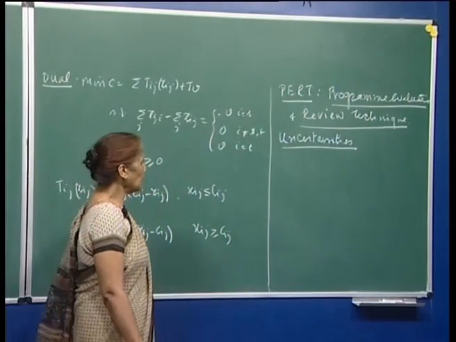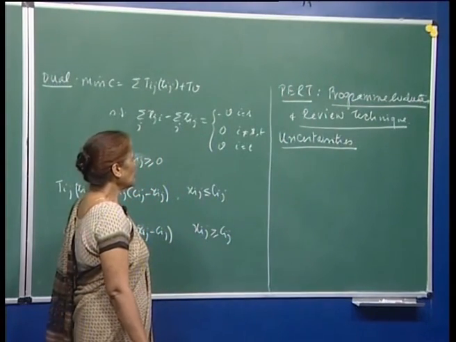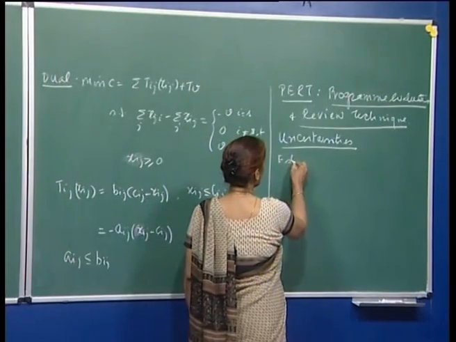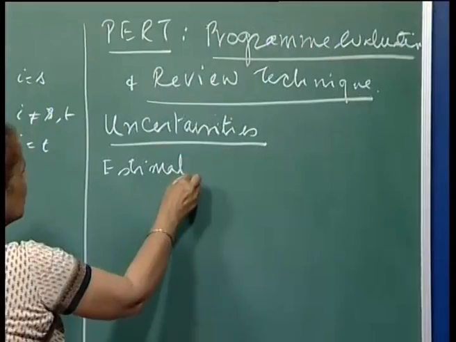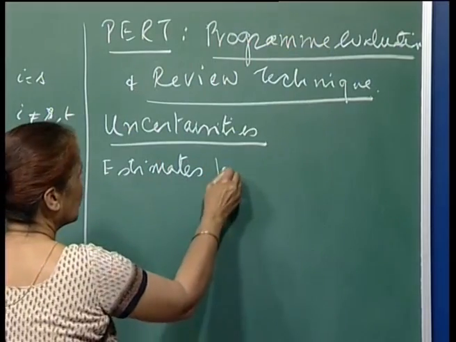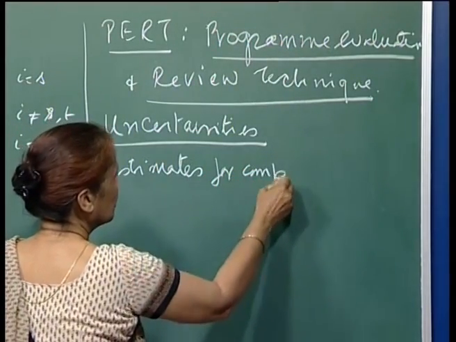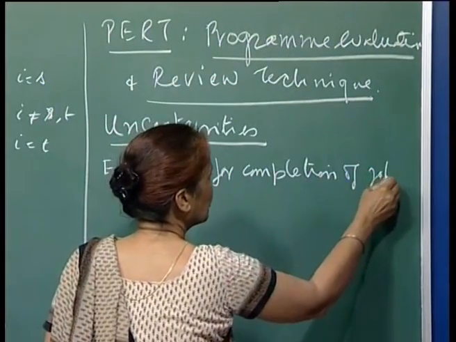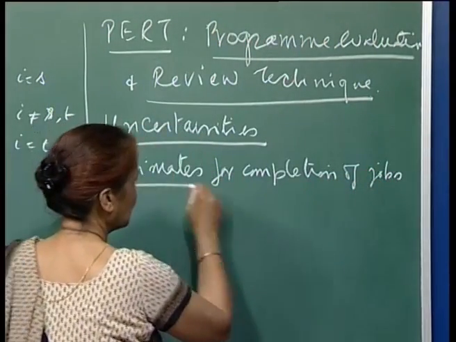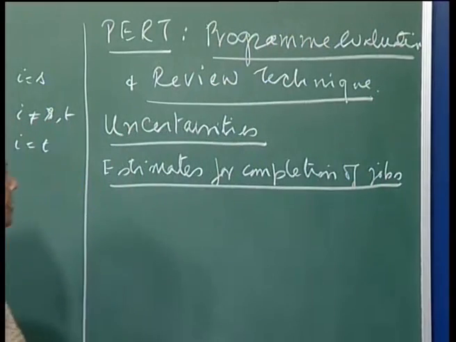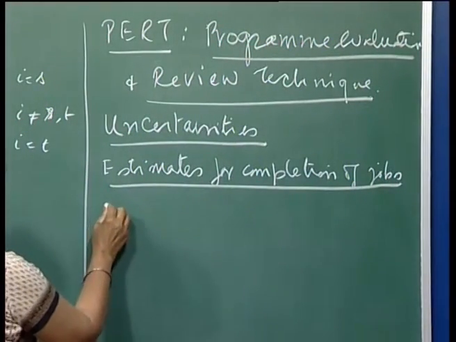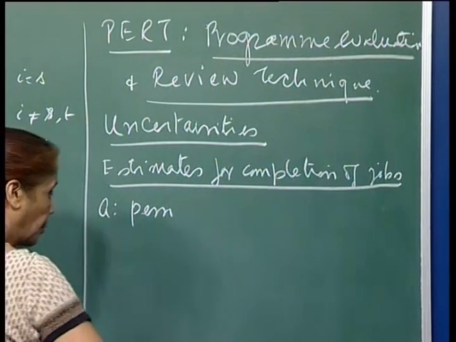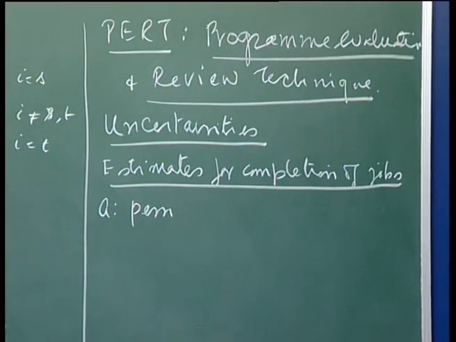Here the idea is that you ask for estimates for job completion time. We define A as the optimistic time, because A is the shortest duration.